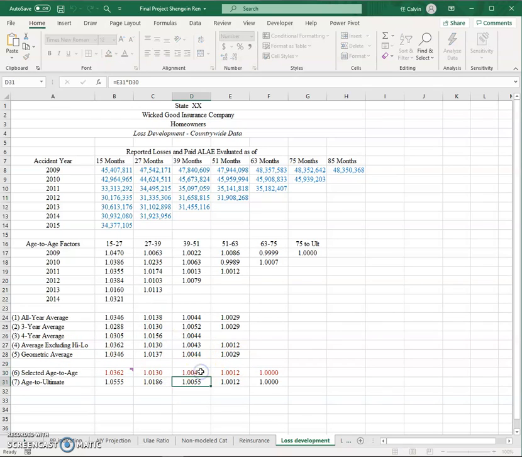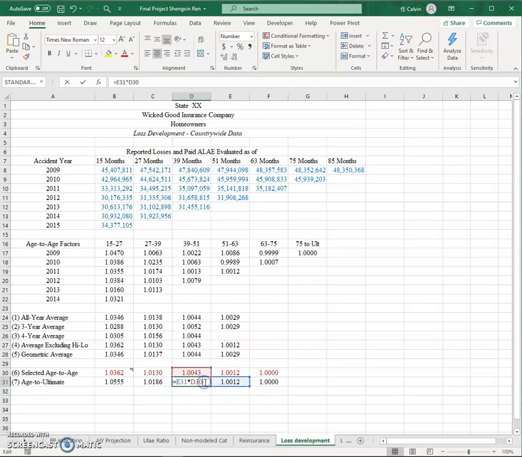Same here. And age to ultimate, we need to calculate from here. This one is equal to this one. The 51 to ultimate is just the 63 to ultimate times the 51 to 63.